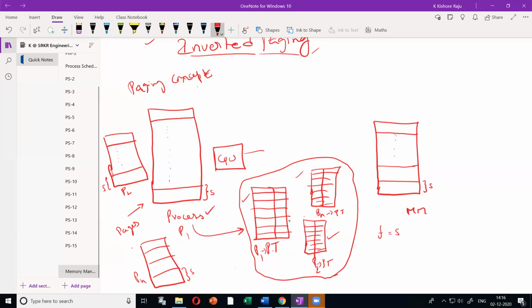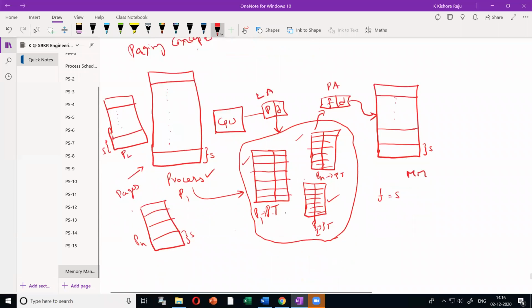Then I define the P and D, that is the logical address, look into the main memory, and ultimately generate the F and D. This is the physical address. With this physical address, I enter into the main memory.